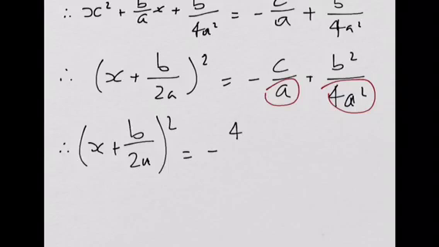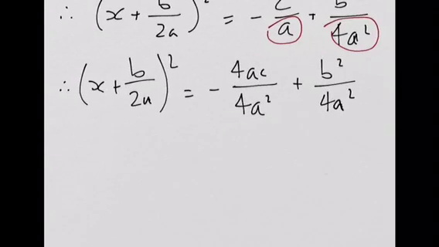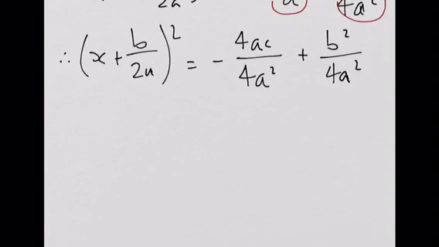So we'll have negative 4ac. You can start to see bits of the quadratic formula coming in here. So multiply by 4a on top and bottom: 4ac on top, and on the bottom, 4a times a is 4a squared, plus b squared on 4a squared. Okay, now we have a common denominator.